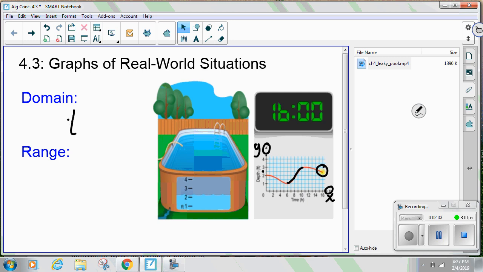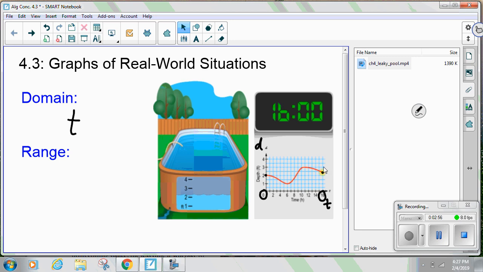So what is our domain? If you think about this, again, this is going to be t, and this is going to be d. So our domain is t. It looks like our domain starts here, so it starts at 0, and it ends right here, so it ends at 16.